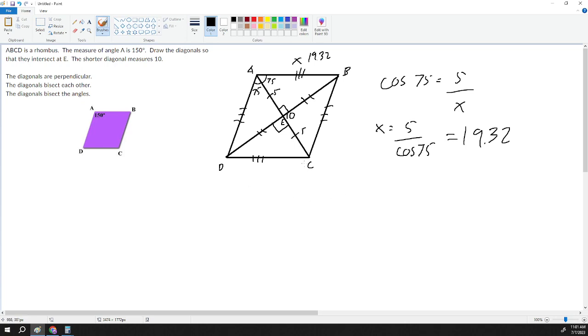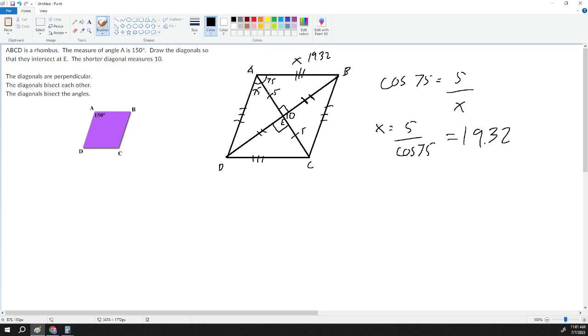Sige, let us answer together. So, this is our angle 75, right? We know this is 5 because it is bisected by the other diagonal. I want to look for this whole thing, but we can cut it up into 2 since this diagonal bisects the longer diagonal, we can get for this, and then we can just multiply it by 2.